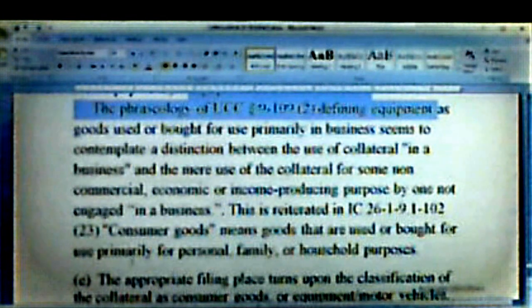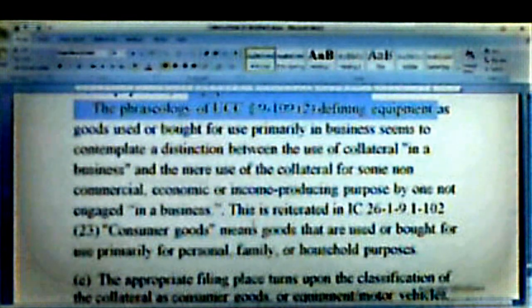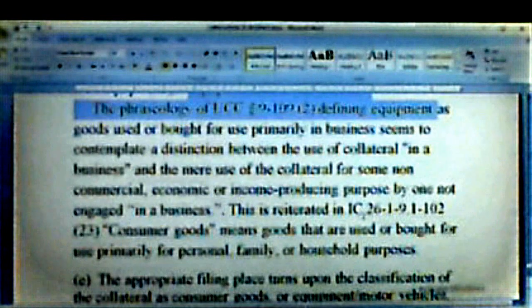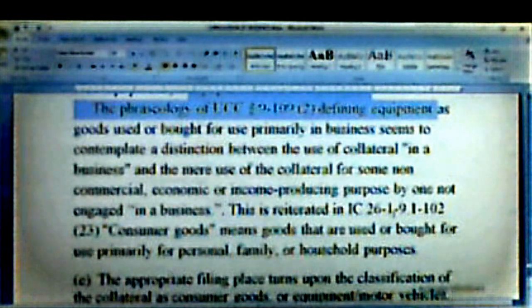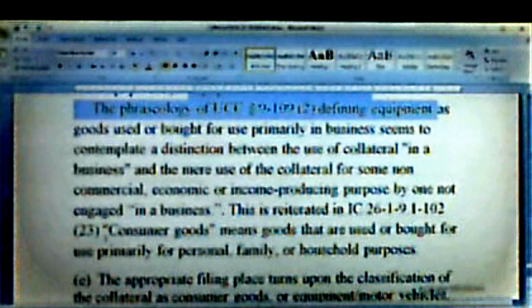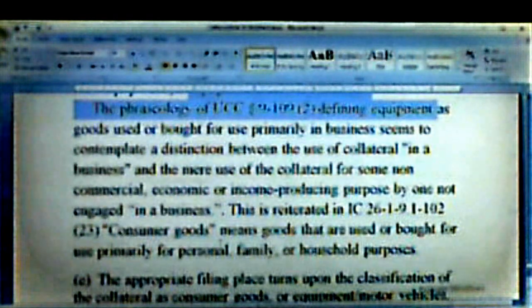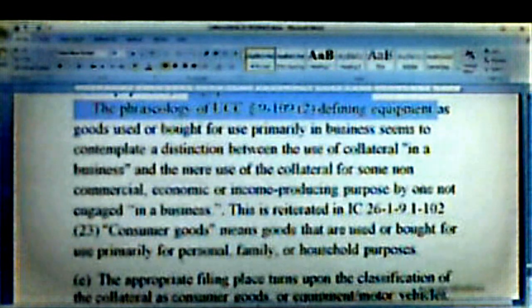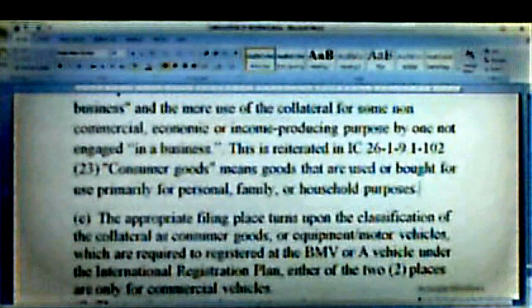So we've learned that this is reiterated in IC 26-1-9.1-102-23. It says consumer goods means goods that are used or bought for use primarily for personal, family, or household purposes, right? We've already seen that this includes automobiles.